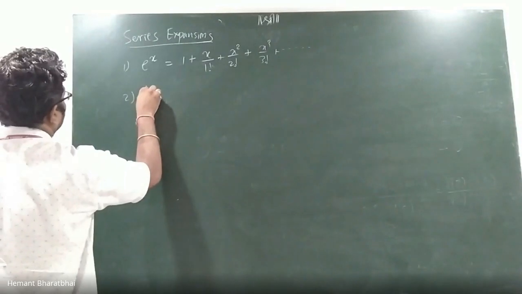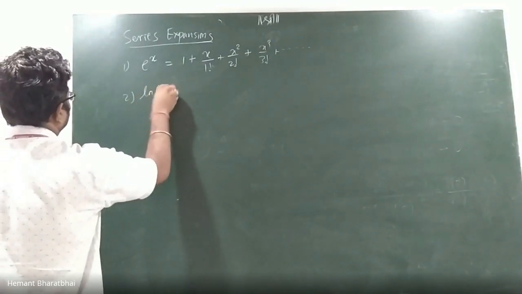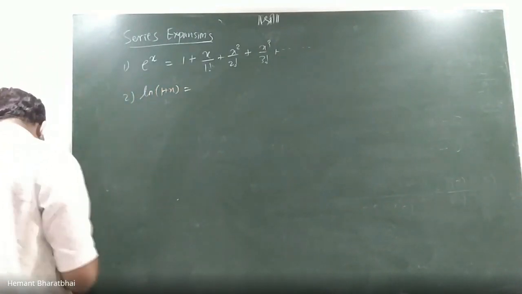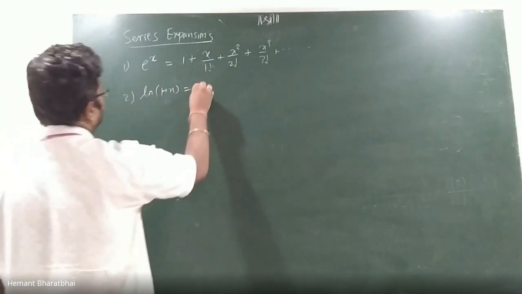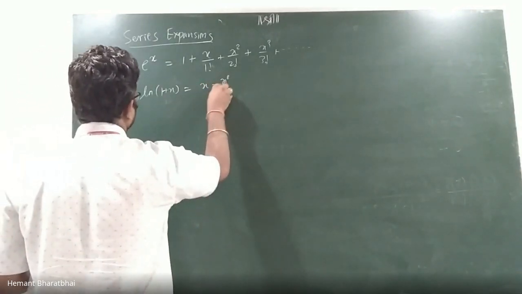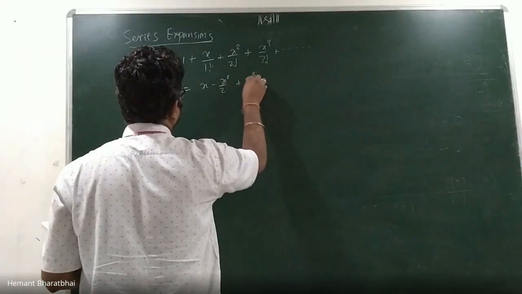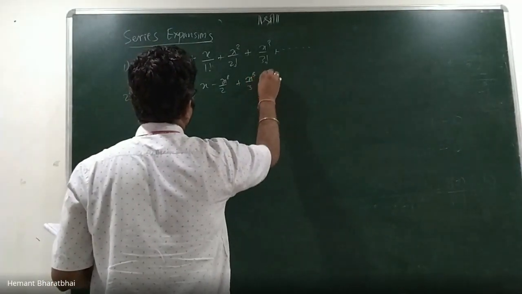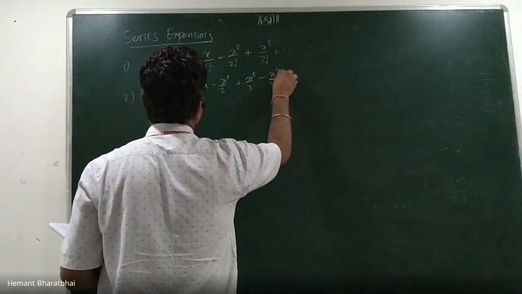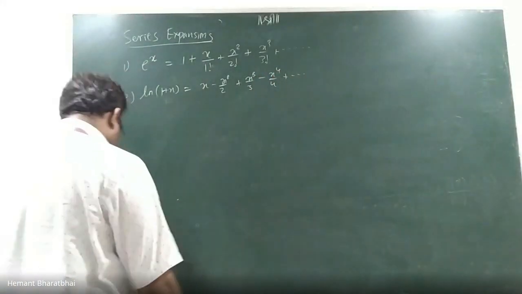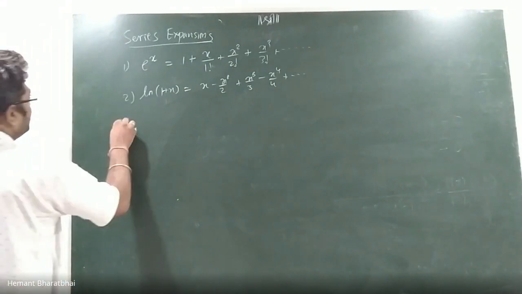Second, natural log, that is ln of 1 plus x, can be written as x minus x square by 2 plus x cube by 3 minus x raised to 4 by 4 plus and so on. So the same pattern is going to continue.